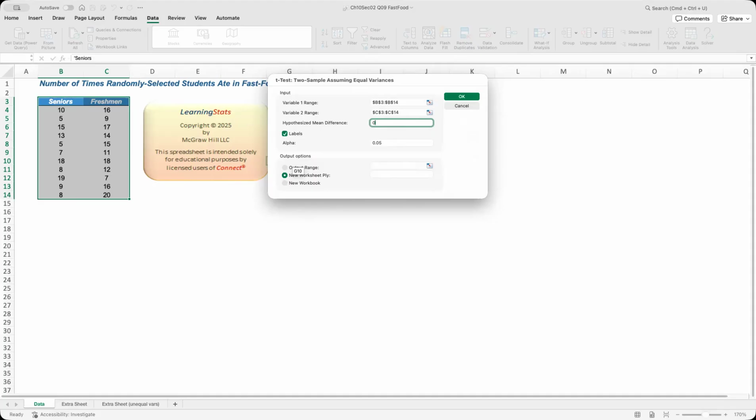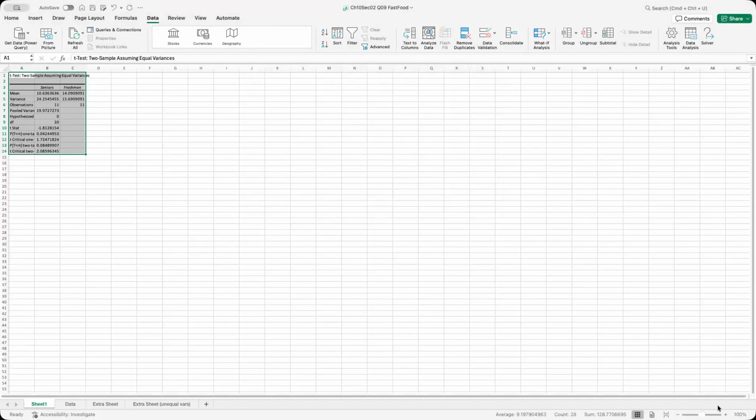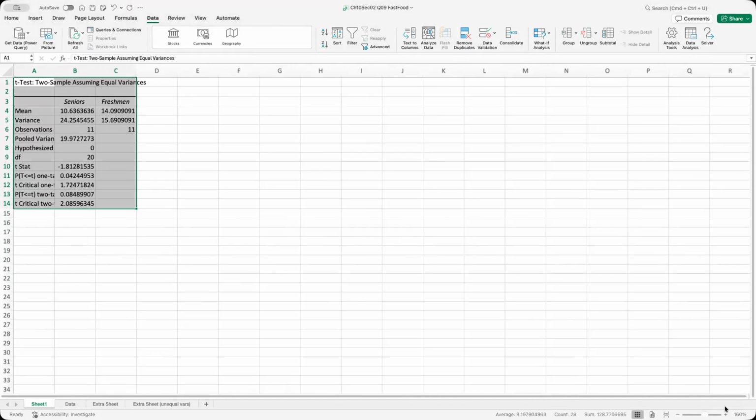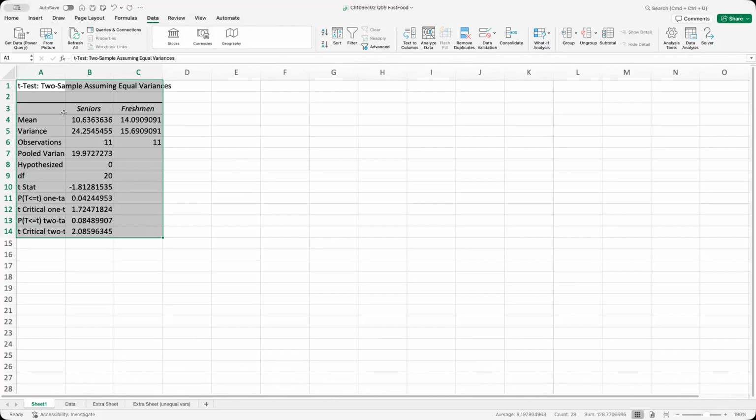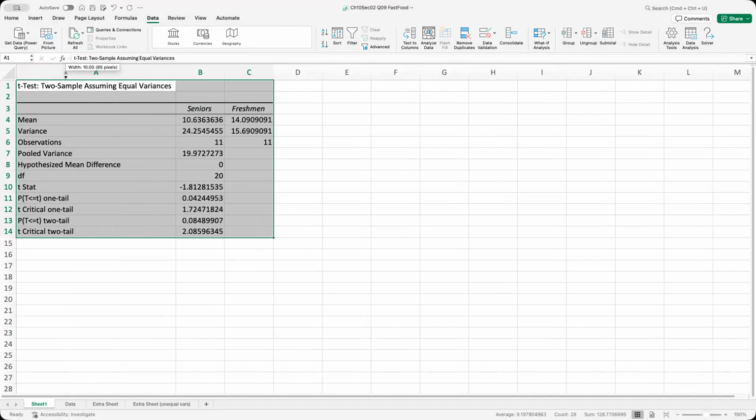It's a one-tail test, not a two-tail test. So alpha is 0.05. Let's put my stuff in a new sheet. Okay. It did all the work.